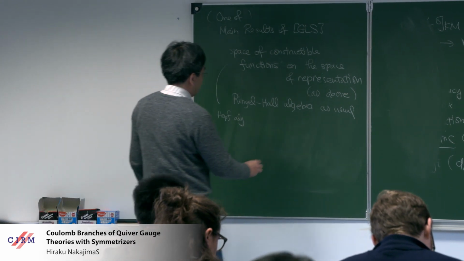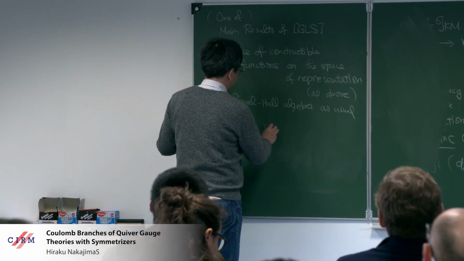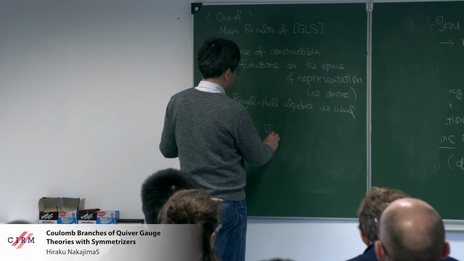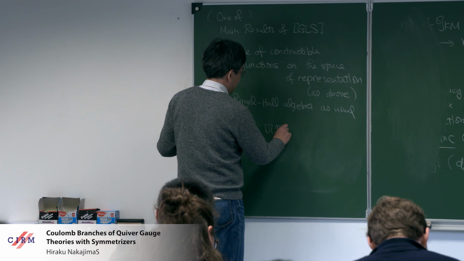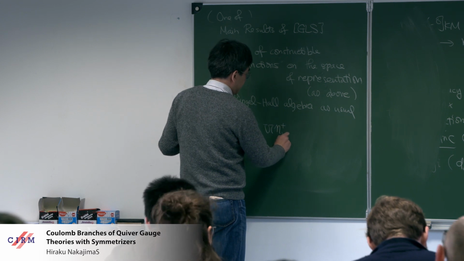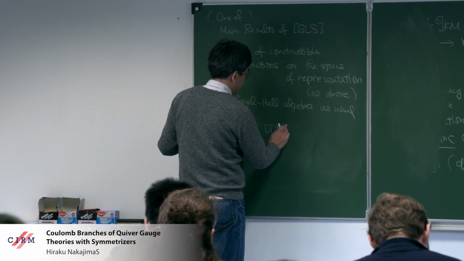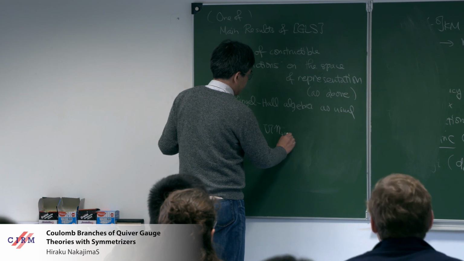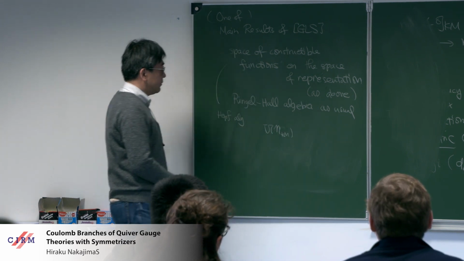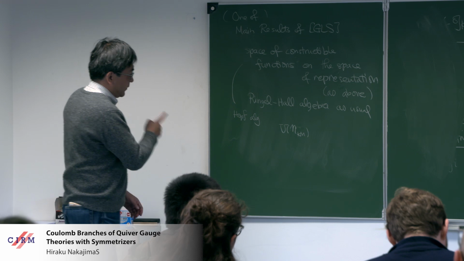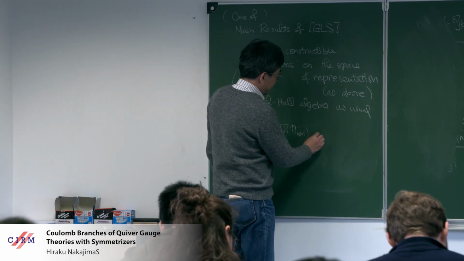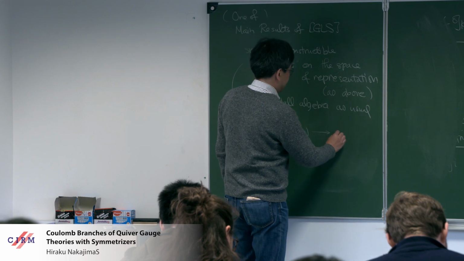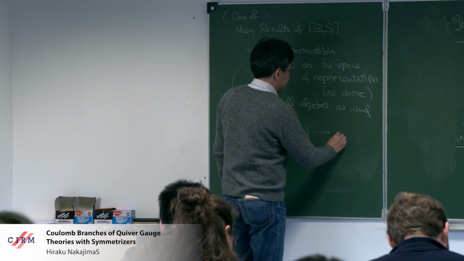And then they define the homomorphism from U of n plus, the universal enveloping algebra of the upper triangular part of the Kac-Moody algebra, to this space.